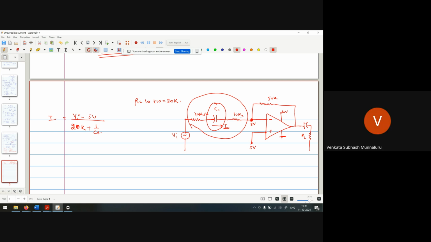Sir, if they ask the Thevenin resistance, we have to just disconnect the capacitor and across the two nodes we have to find it, right? Capacitor is basically, if we consider that the capacitor behaves as a voltage source. No, see this, we are finding the Thevenin resistance across the capacitor.